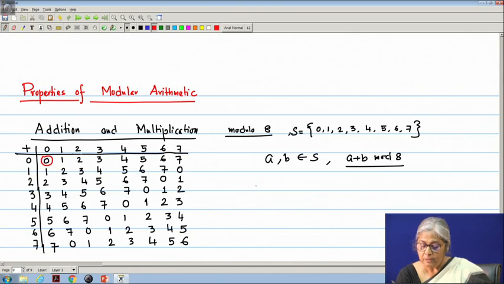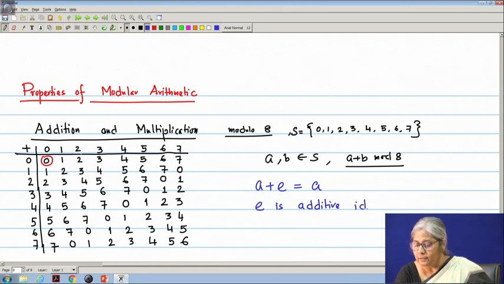If we remember, A plus E equal to A, then E is the additive identity.